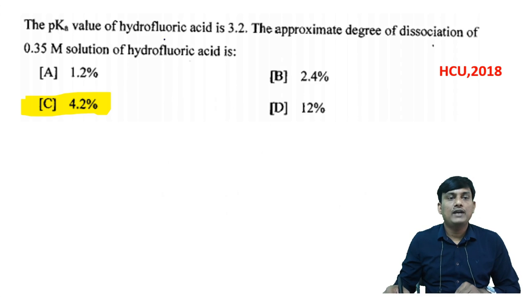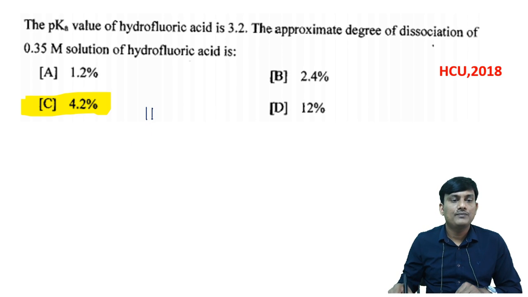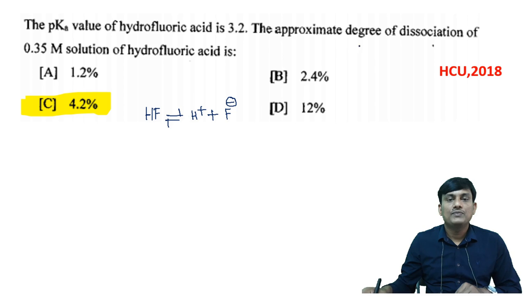The pKa value of hydrofluoric acid is 3.2. The approximate degree of dissociation of 0.35 molarity solution of hydrofluoric acid is. Hydrofluoric acid is a weak acid, a weak electrolyte. It dissociates into H+ and F-. Let's take the degree of dissociation of hydrofluoric acid as alpha.